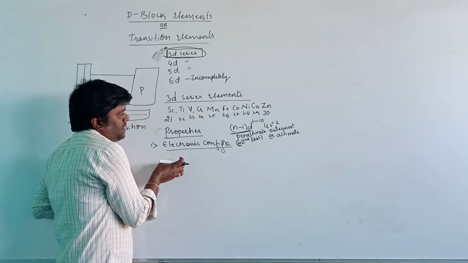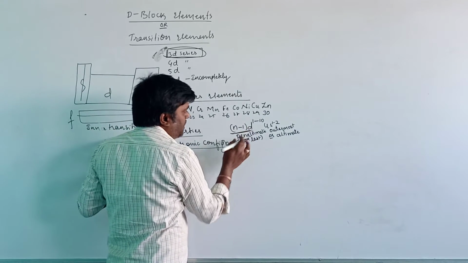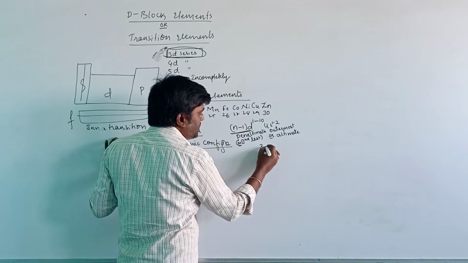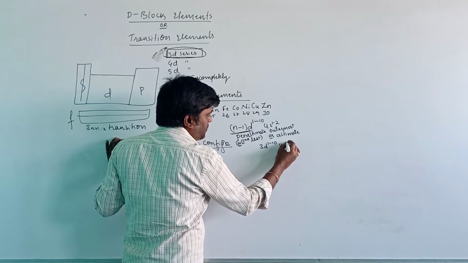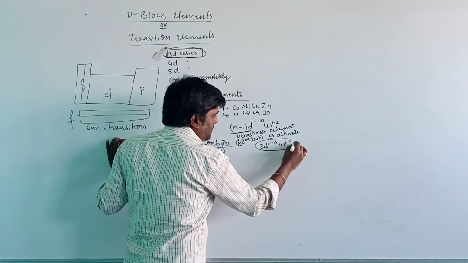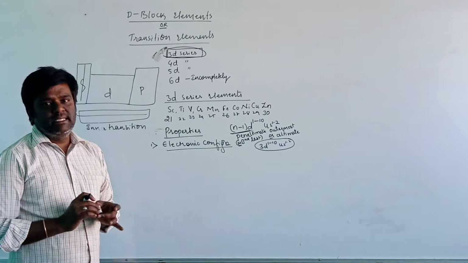The general electronic configuration for the 3D series is 3d^1 to 10 4s^1 to 2. This is the general electronic configuration of a 3D series element.